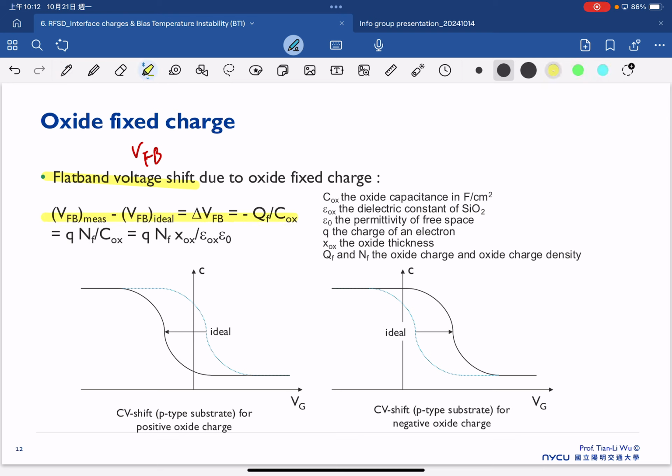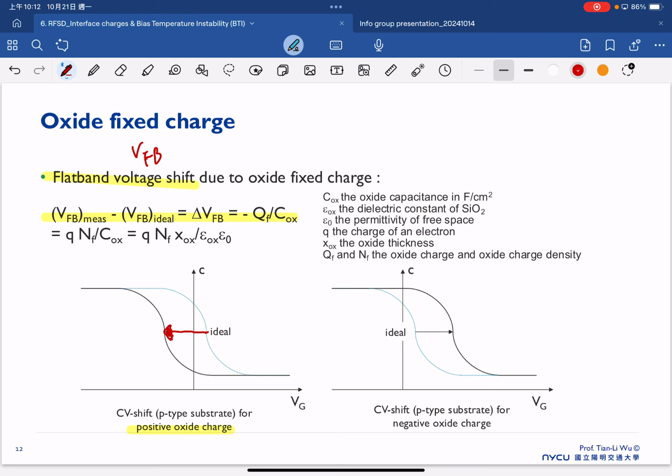Ideally, we have this one. This is the ideal CV curve. And then if there's a positive oxide charge, we can see our CV curve will shift to the left.